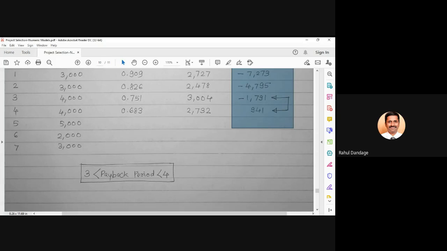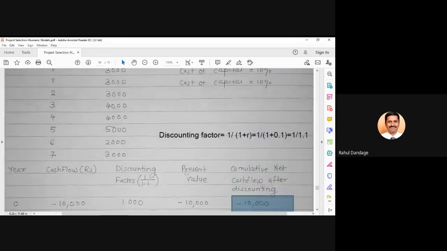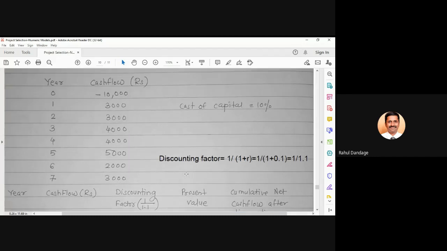So I hope you have understood this discounted payback period method, which is one step ahead of the normal simple payback period method.